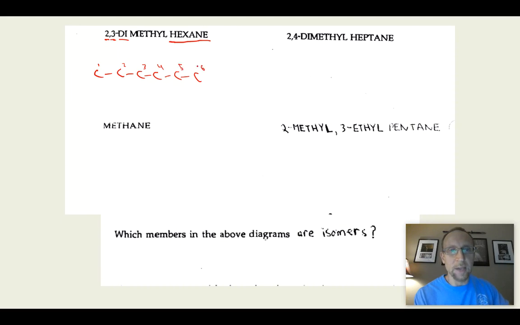You can't change those. So 2, 3 means on the 2 carbon, I put a methyl. And then on the 3 carbon, I put a methyl. Doesn't matter whether you go up, down, as long as they're on the appropriate numbered carbons of the main chain. And then we put our H's all around. Don't forget all your H's. Each carbon needs 4 bonds.